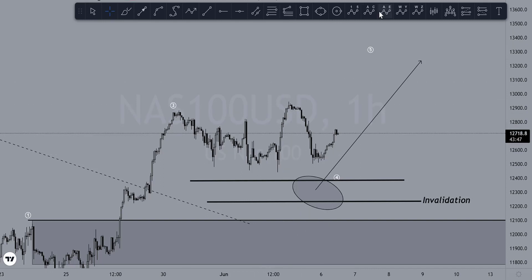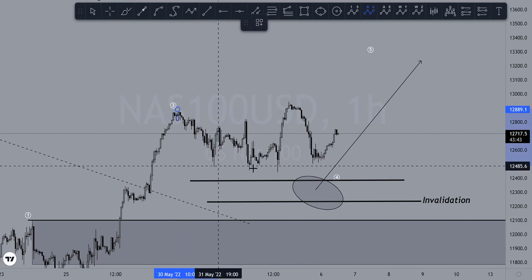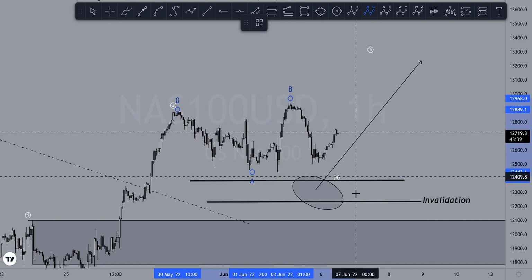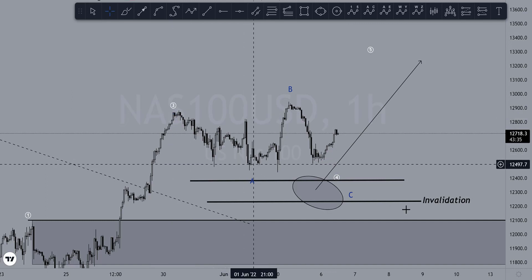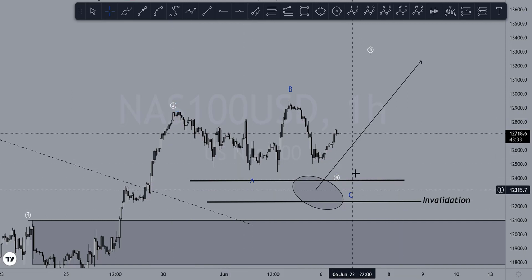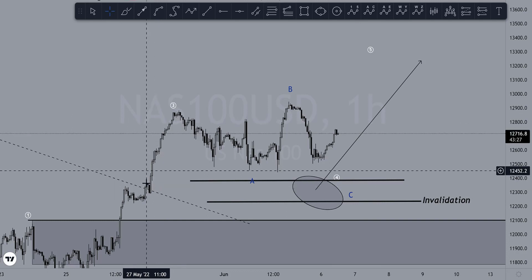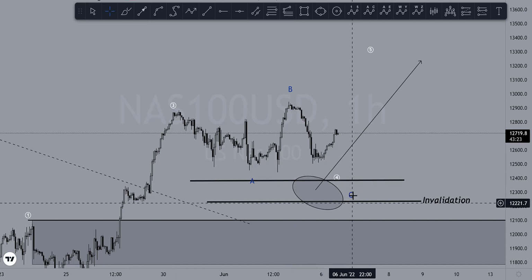If it looks like it's a big correction, what I'm simply saying is it looks like we have something like this being A, then a B, and expecting a C. And that C, if it's going to be equal to this, it will take us to around this area of interest, which then comes in confluence with the beginning of this move, completing that void. So there is that possibility of price coming back to this point.